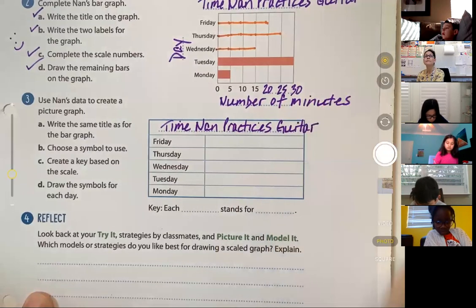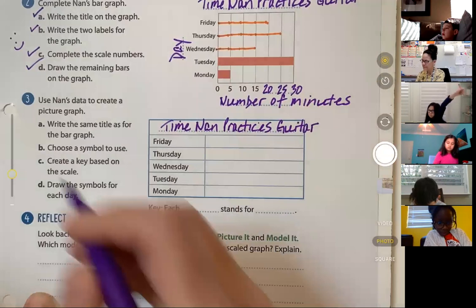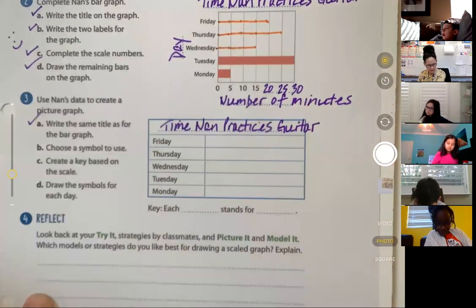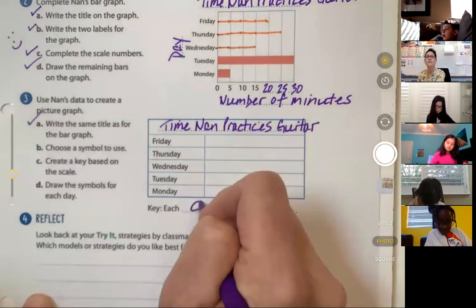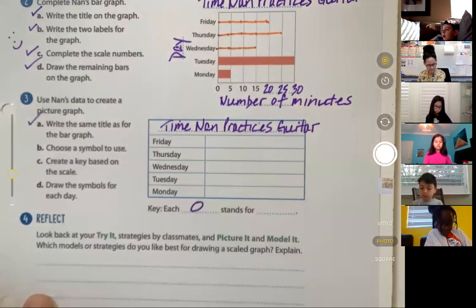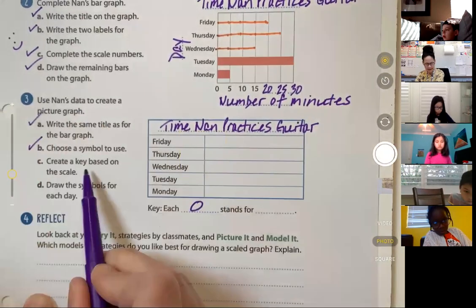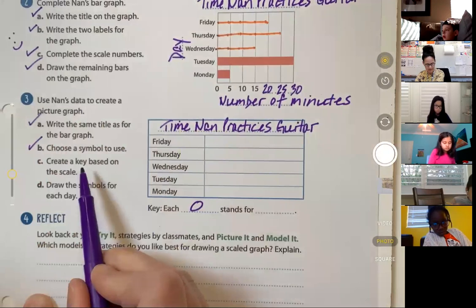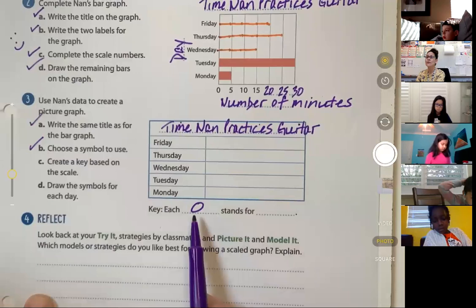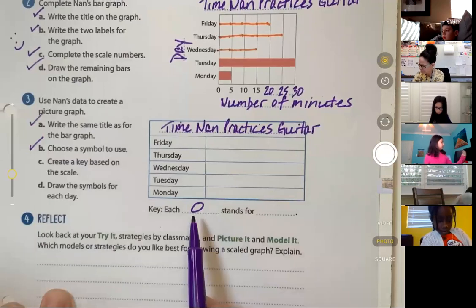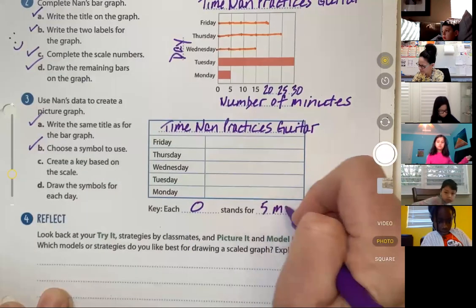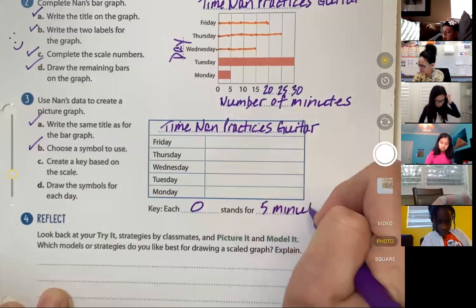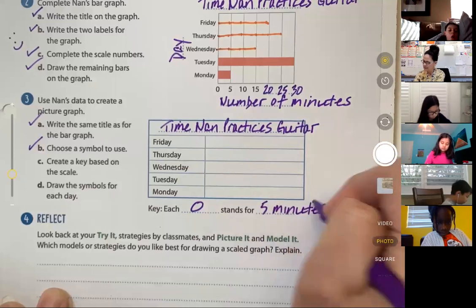Great. All done with that. Choose a symbol to use. And so I, again, do my little circle, right? So awesome. Create a key based on the scale. So my little circle, that's going to stand for 5 minutes. Great. All done.